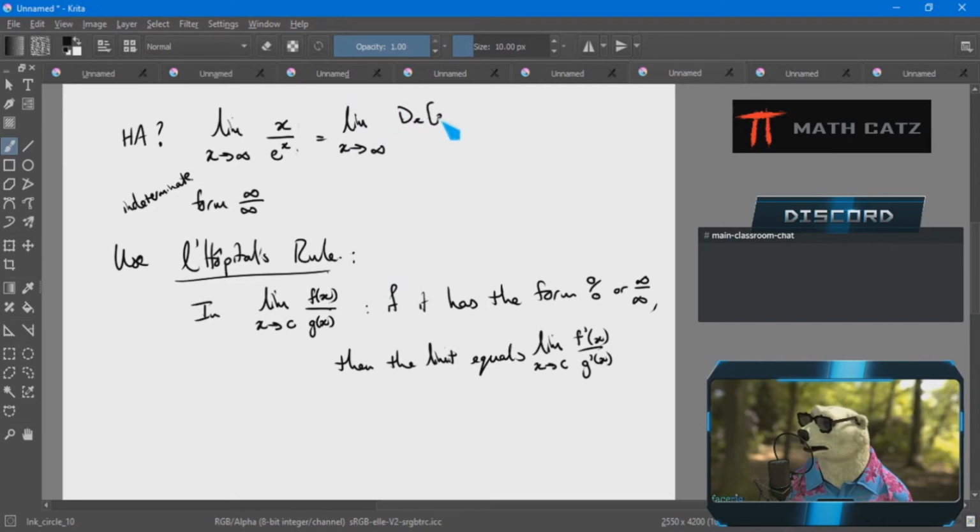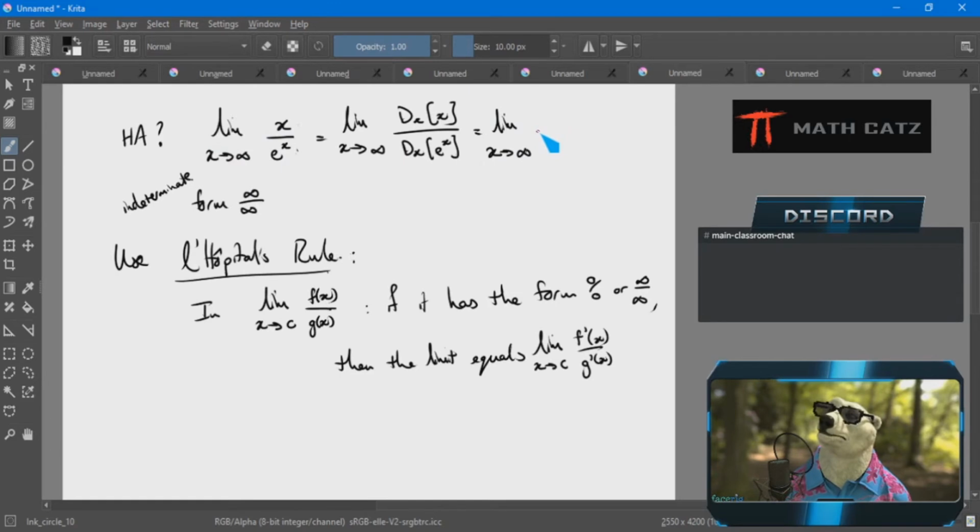The limit is going to be the same as the limit of the two derivatives in the same place as the original numerator and denominator: the derivative of the numerator over the derivative of the denominator. This is not the quotient rule. This is nothing like that. It is completely different. But it's essential to be able to handle limits, especially with exponential and log functions.